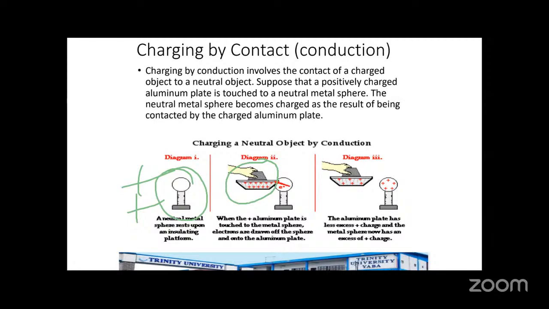So when we do that, there will be separation of charges, polarization of charges. Because this charge rod is positive, it will repel all the positive charges to the other side of the neutral body, and attract all the negative charges to this other side of the neutral body.